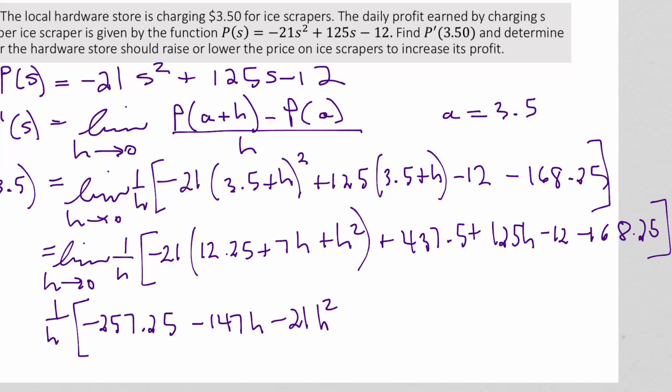Then I've got this number, 437.5. I've got this number, minus 12. So I can combine all those numbers. And then I've got that 125h. Alright, so I plugged all those numbers that I underlined in, and I got 257.25.